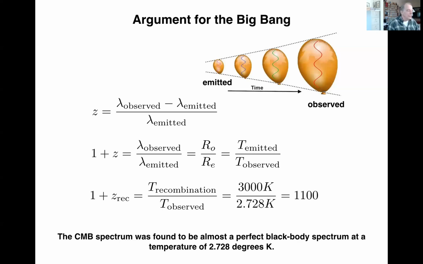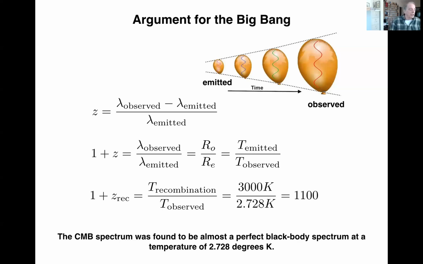So Z at recombination was equal to the 1 plus Z at recombination or decoupling. You're describing the same thing by those two terms. Recombination refers to when the electrons combined with hydrogen and the universe became transparent. And decoupling just describes the fact that at that time, the photons decoupled from the matter and went off freely.